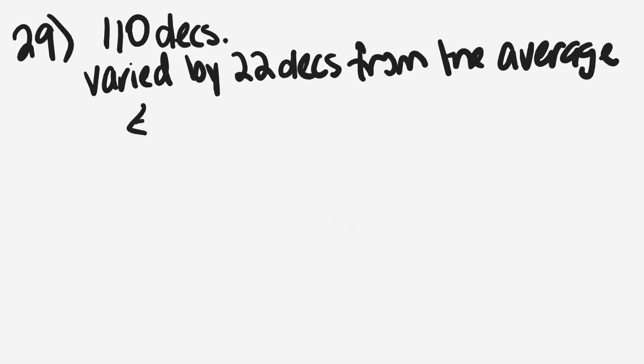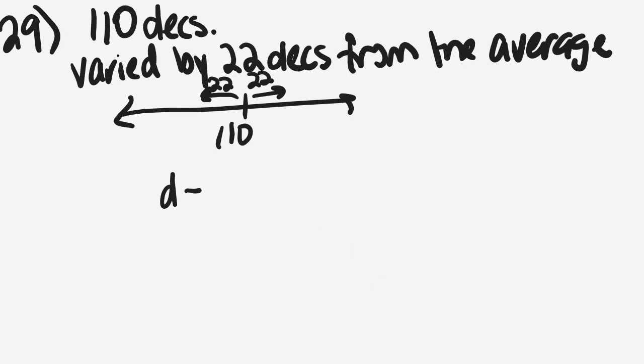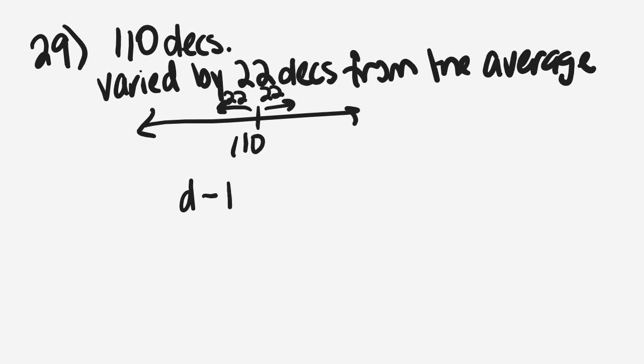All right, so what does this mean? It means here is 110, and we can go 22 that way, or we can go 22 that way. So I guess we'll call it D for the new decibel level. So the distance between the new decibel level and 110, absolute value, has to be less than or equal to 22.